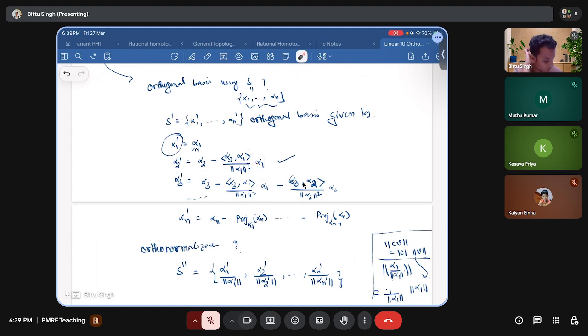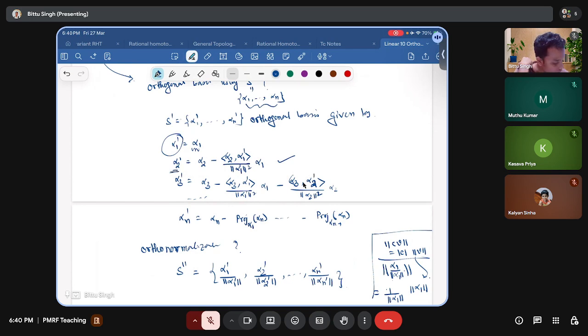So we cannot use this alpha 1 again. In this case, up to alpha 1 it is okay, you can write alpha 1 dash, but after that, instead of alpha 2, you need to use this alpha 2 dash.